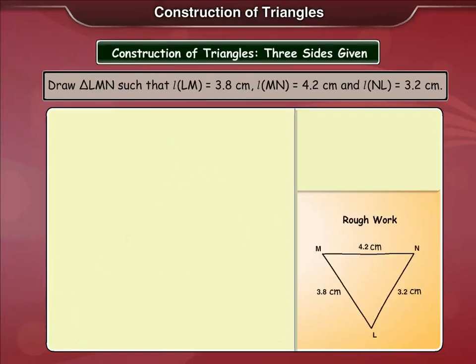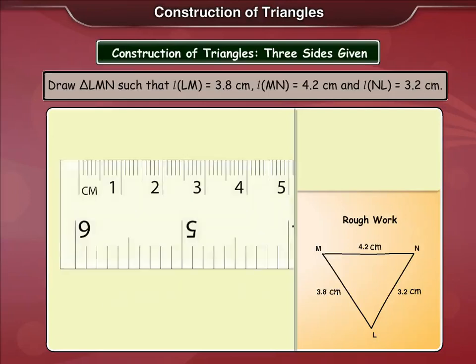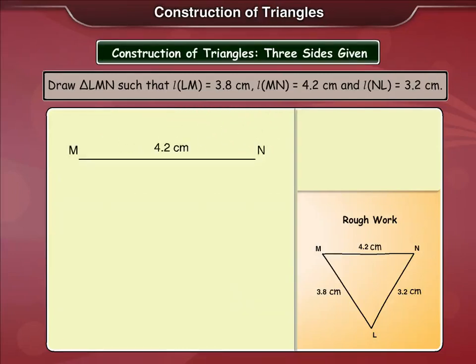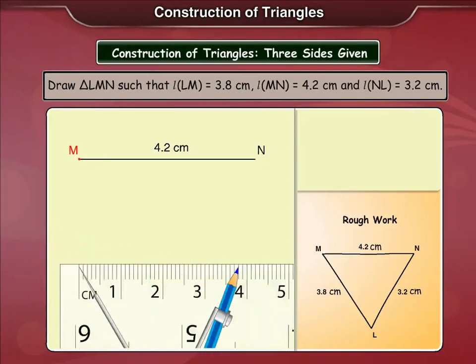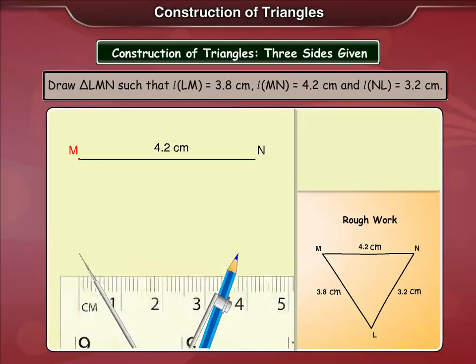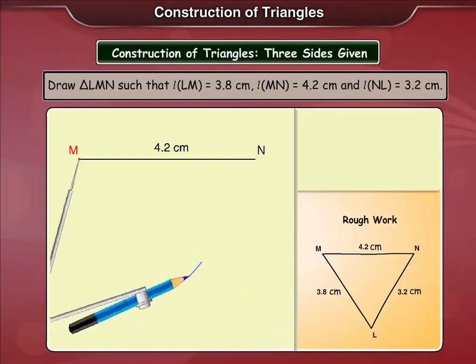Taking M as the center and radius as LM, that is 3.8 cm, draw an arc on the lower side of segment MN. Now, taking N as the center and radius NL, that is 3.2 cm, draw another arc which cuts the previous arc.